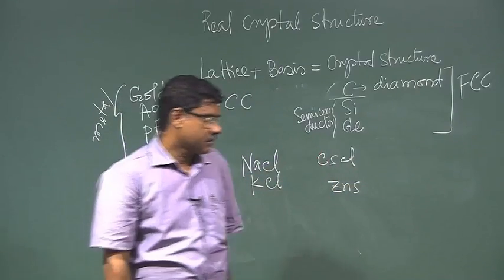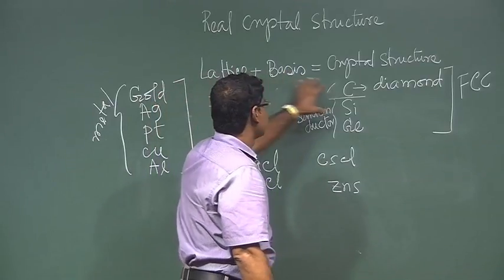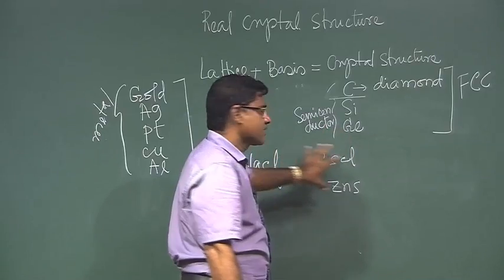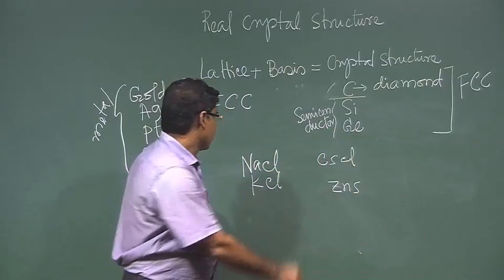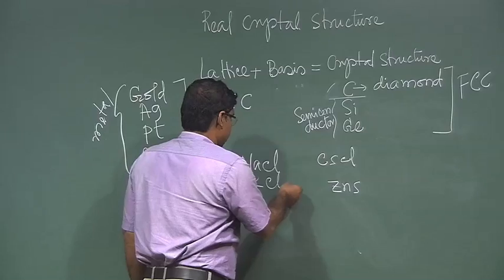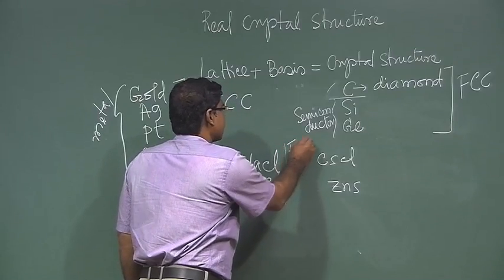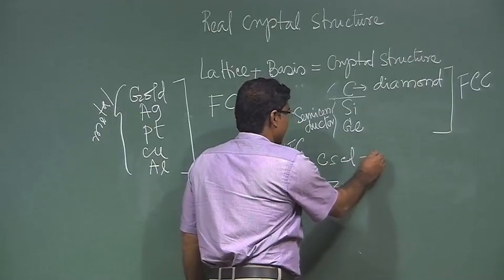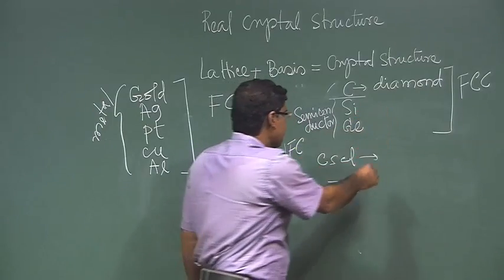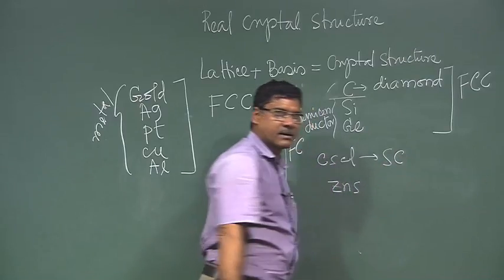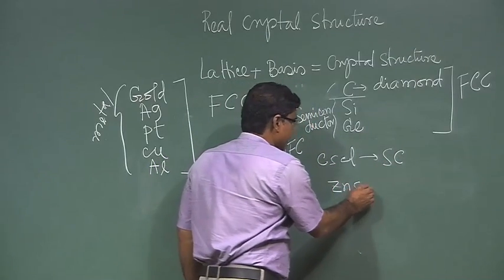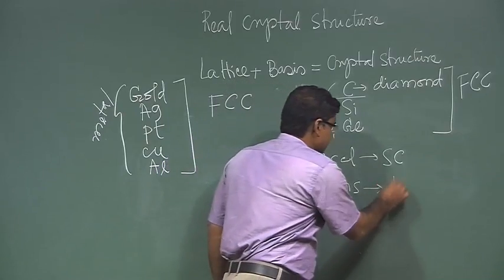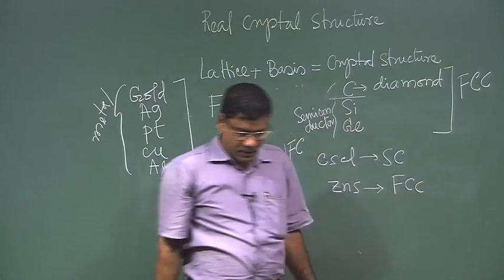So, here we have seen materials made of pure atoms, but here it is a combination of atoms. These two are also having FCC structures. This one I think is simple cubic, and this is zinc sulphide. These are having FCC, okay.